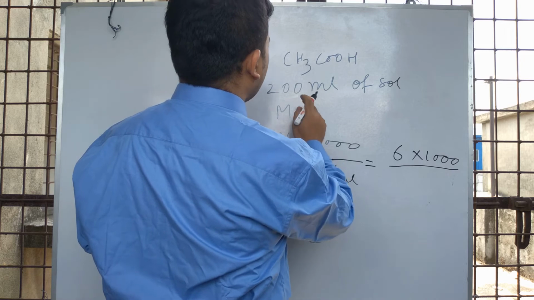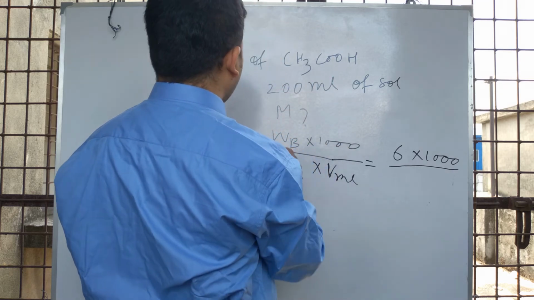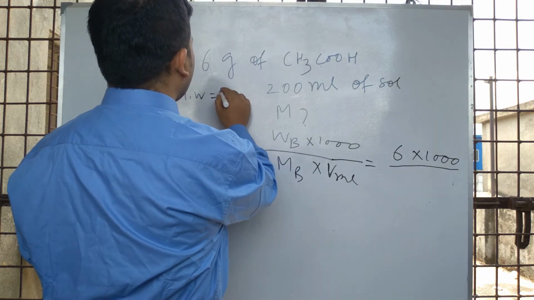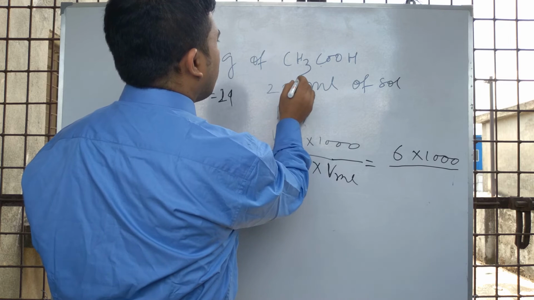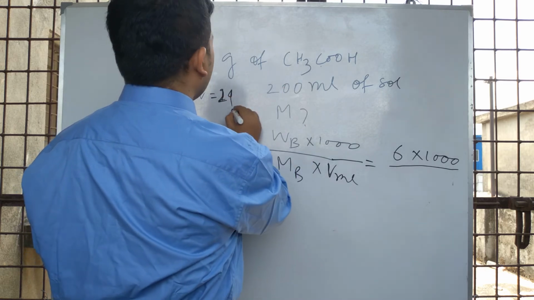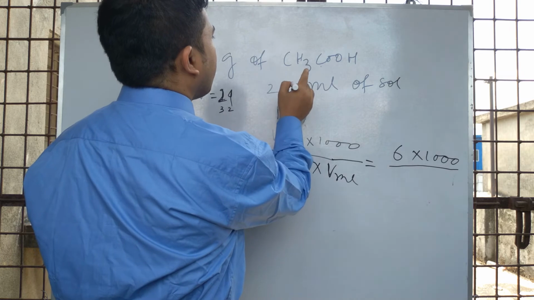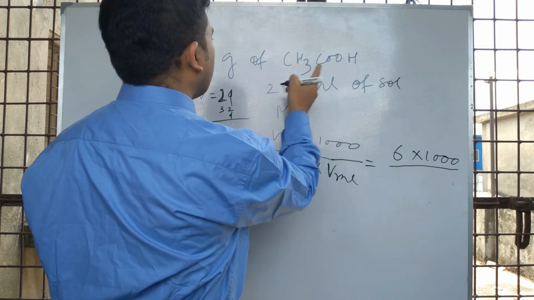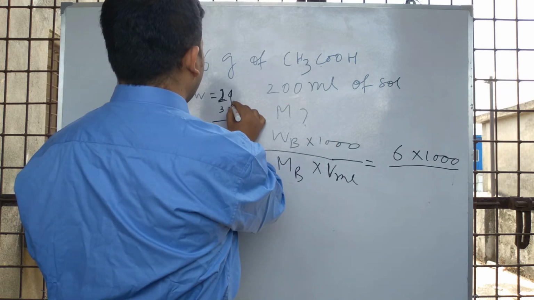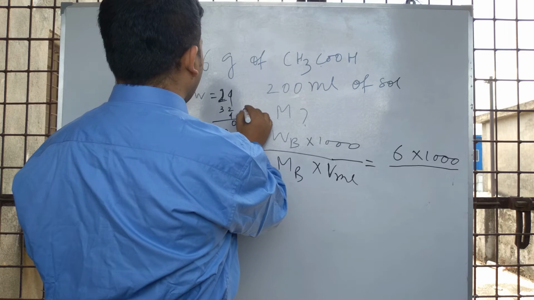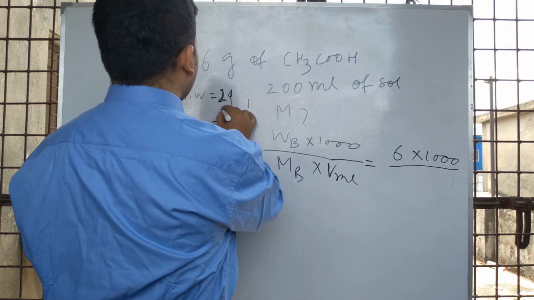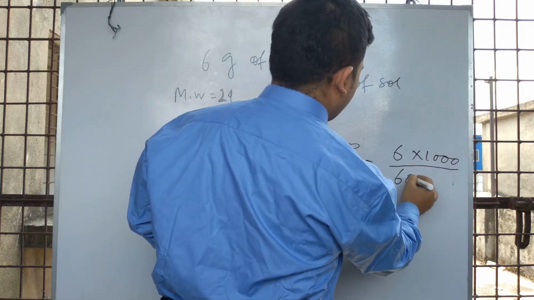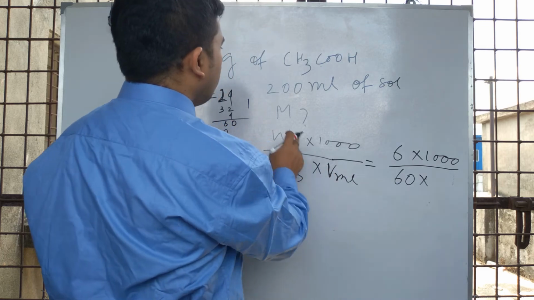For acetic acid, the molecular weight is: carbon 2 means 24, oxygen 2 means 32, and hydrogen 4. So 24 plus 32 plus 4 is 60. So 60 into the volume in ml, 200 ml.